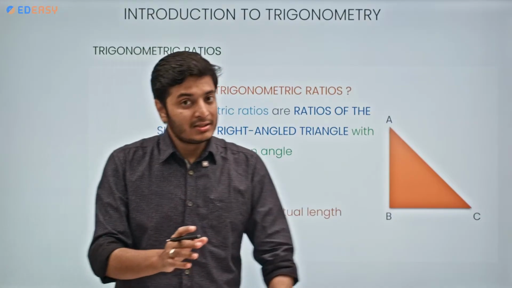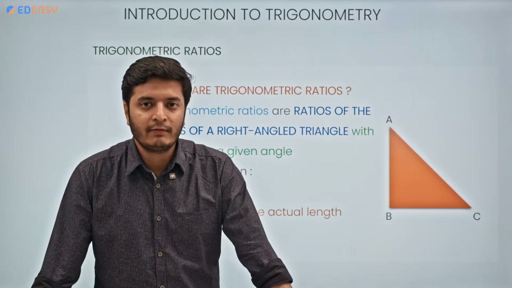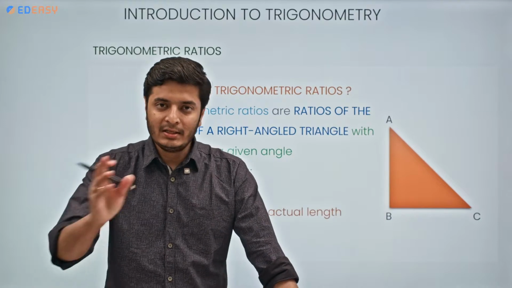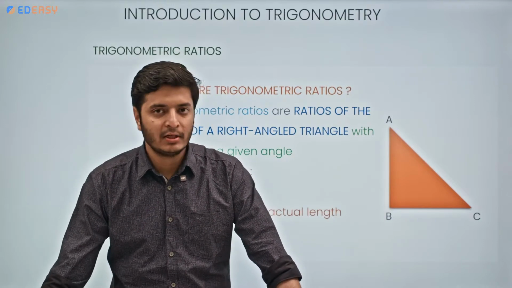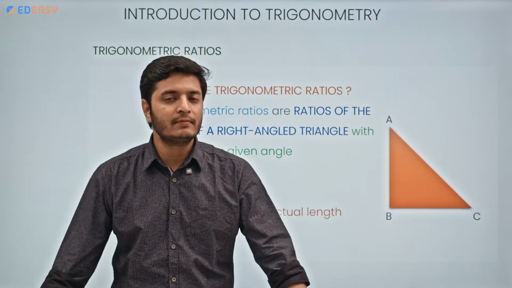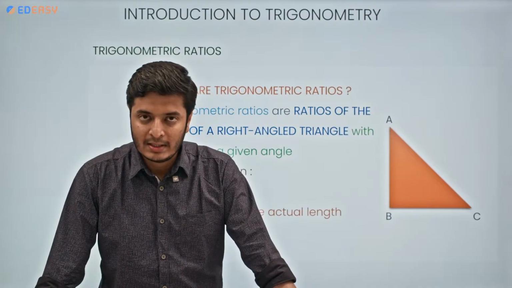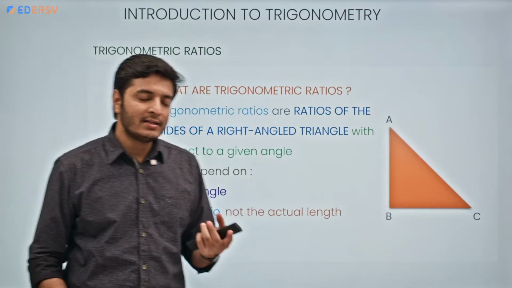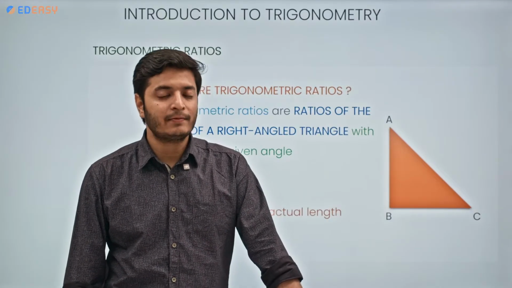But side length can vary, correct? Suppose I have two different triangles, the value of angle can be equal, but depending on the size of the triangle, the side lengths can be different, correct? So we cannot directly consider the side length. We need to deal in terms of ratio now.